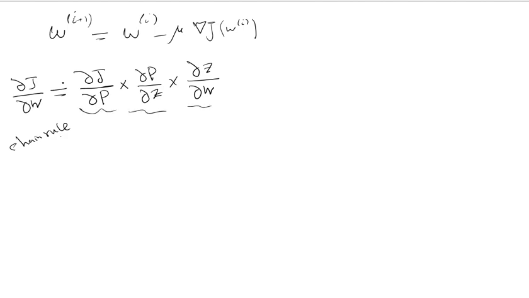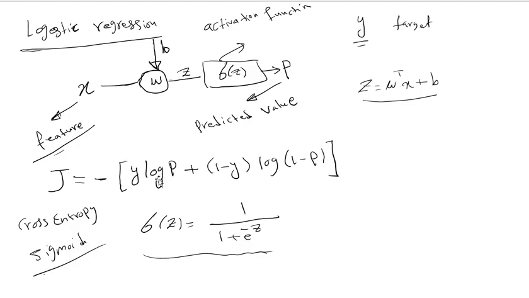And let's continue and find every derivative. I will start with this. I can take the derivative of cross entropy. Here we have log p, the derivative is 1 over p, and here log 1 minus p, the derivative is minus 1 over 1 minus p.